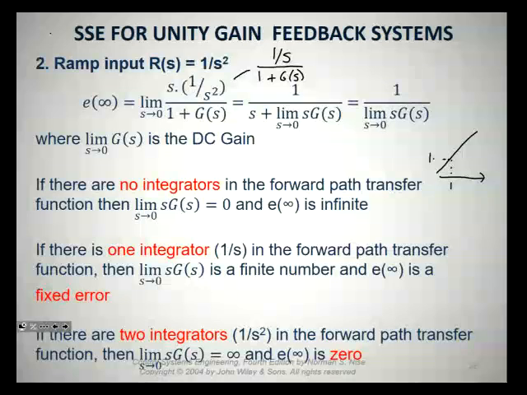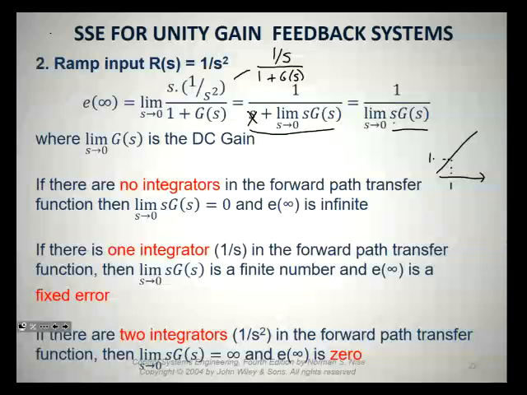So you end up with this equation here. So again, if we make s 0, obviously that's going to disappear because that becomes 0. So all you're really looking at is what happens to this transfer function multiplied by that s as s becomes 0, which might not necessarily be 0, okay?